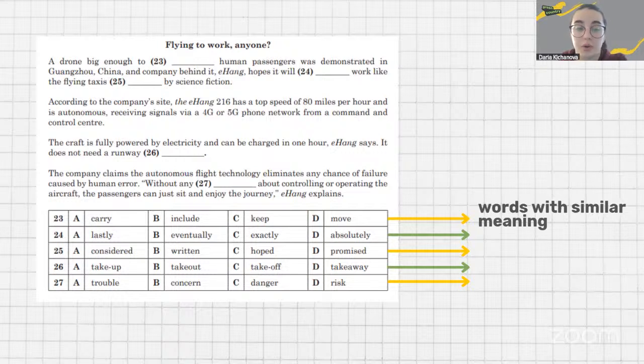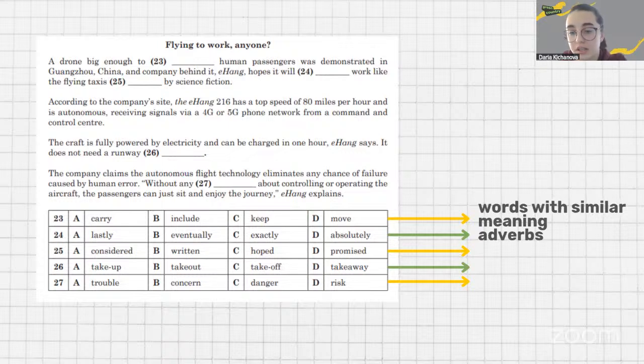Question 24, there we have lastly, eventually, exactly, absolutely. I think you know what it is. These are adverbs. So here we can see the words that are related to adverbs. So we will check adverbs. Considered, written, hoped, and promised.